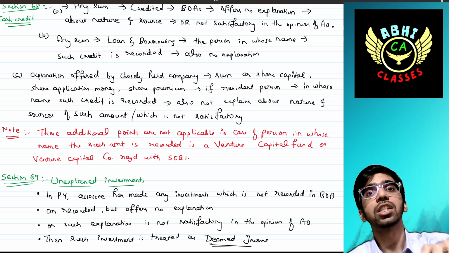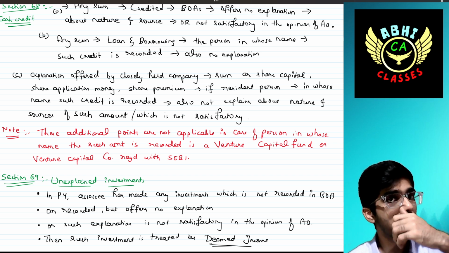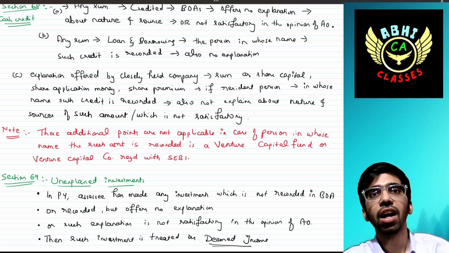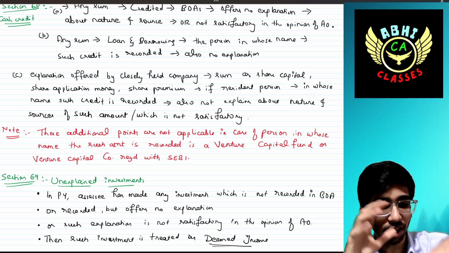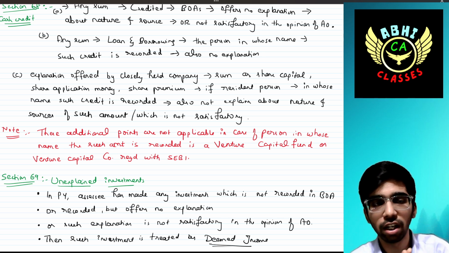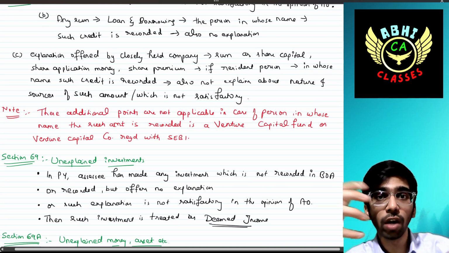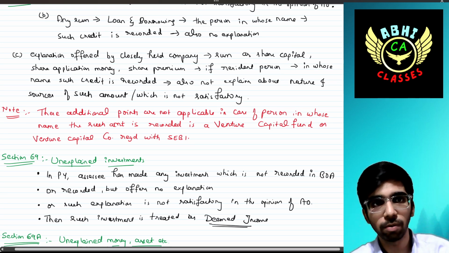Then ultimately who is responsible? ABC Private Limited will be responsible, not that Y person, because it is the company's responsibility to assess from where it is to be collected. Y is also not giving a proper explanation.